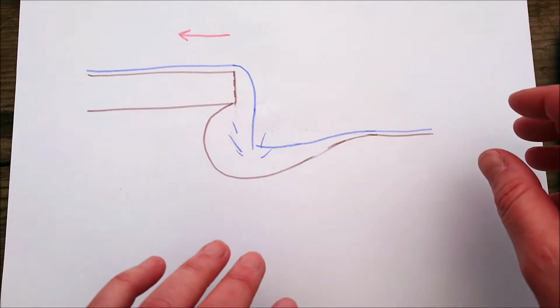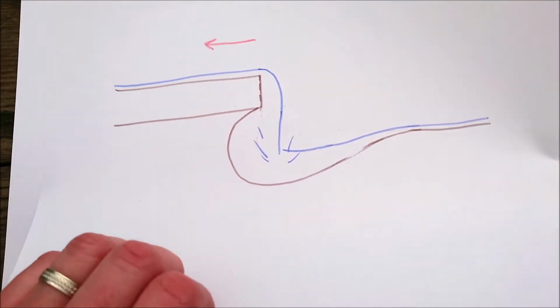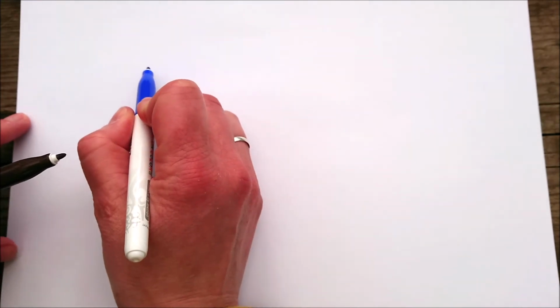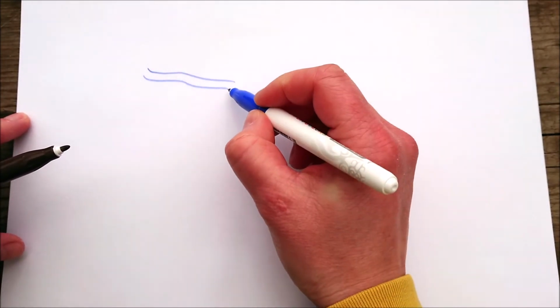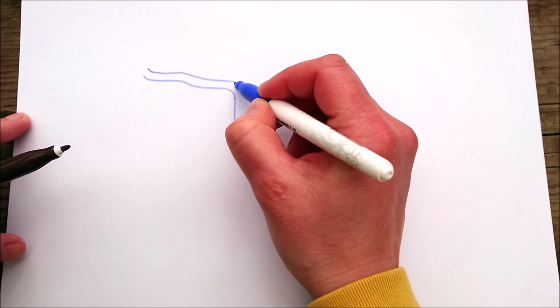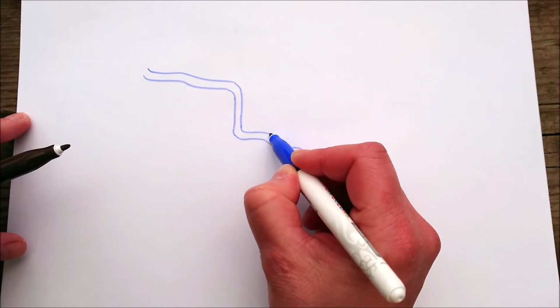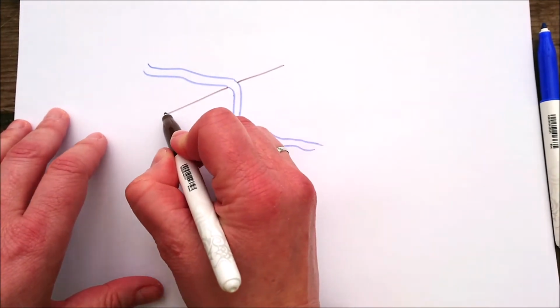But alongside waterfalls, we also get gorges. So let's see if we can draw what a gorge would look like. Now I'm going to try and do a 3D drawing here. So if this is the river coming along, and it flows over the edge as the waterfall, and then it carries on.